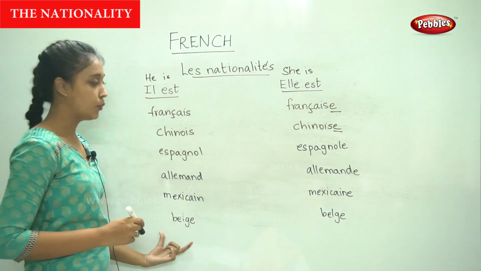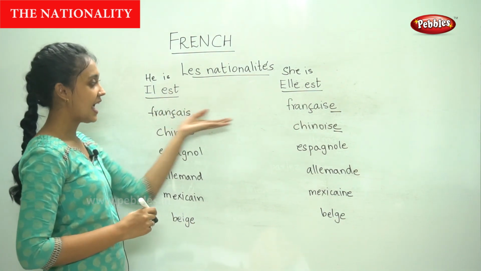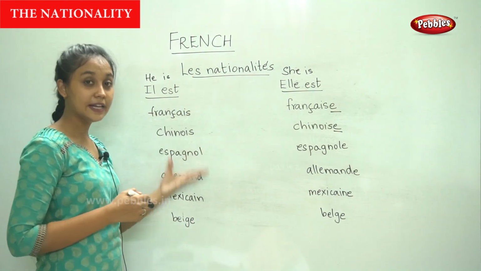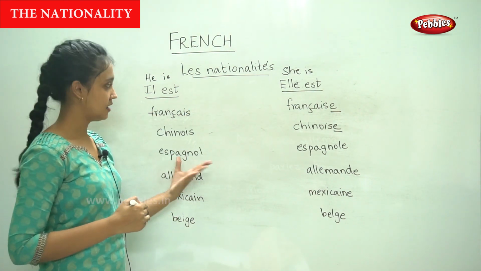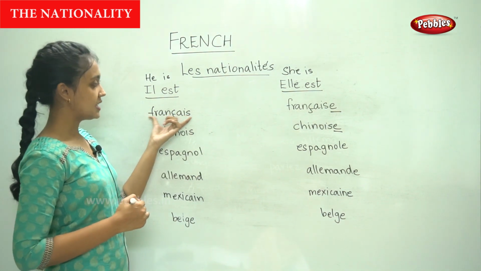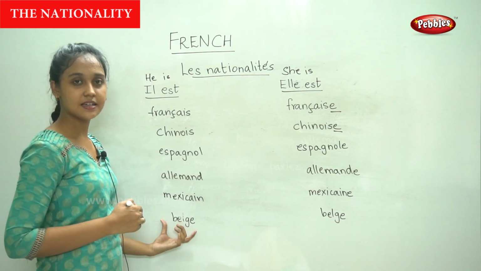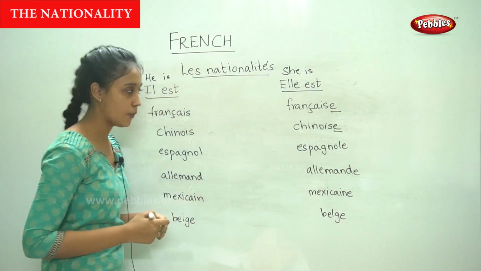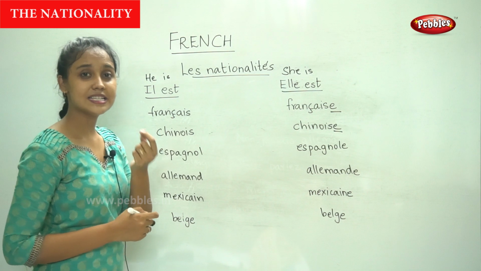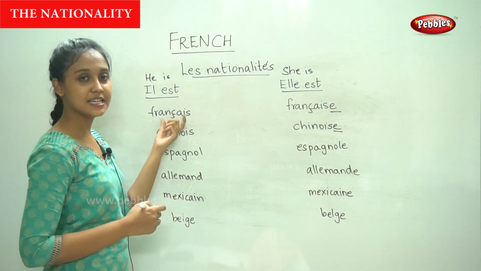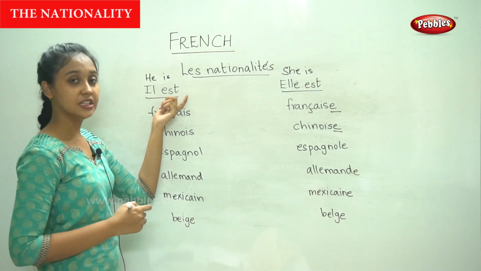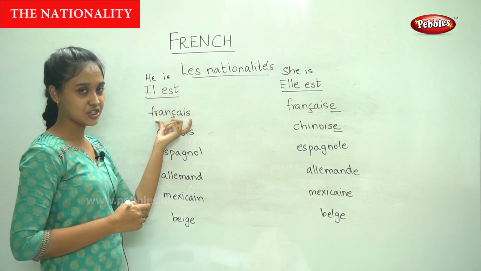So now we know the masculine and feminine forms of some nationalities. So there are many more which we will be learning subsequently, but these are just 6 nationalities, the masculine and the feminine form. So now to form a sentence which says your nationality, you need the subject, the verb and the nationality.